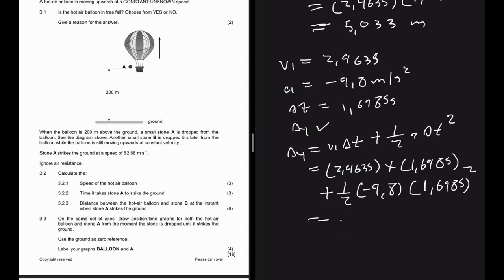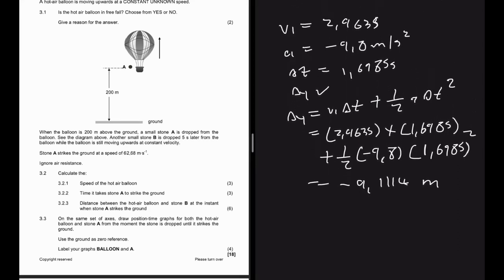That gives me minus 9.1114 meters, right?